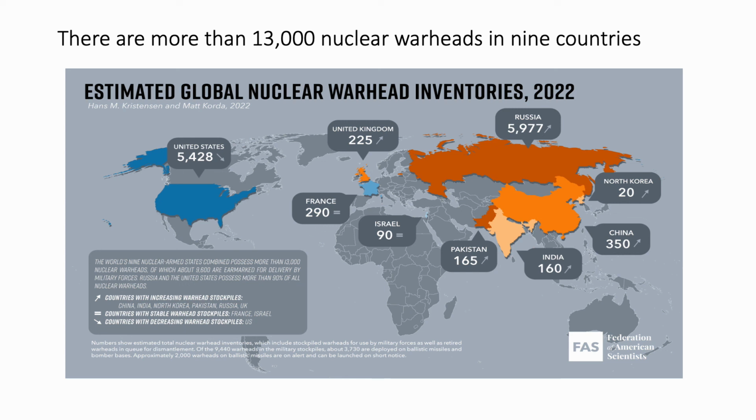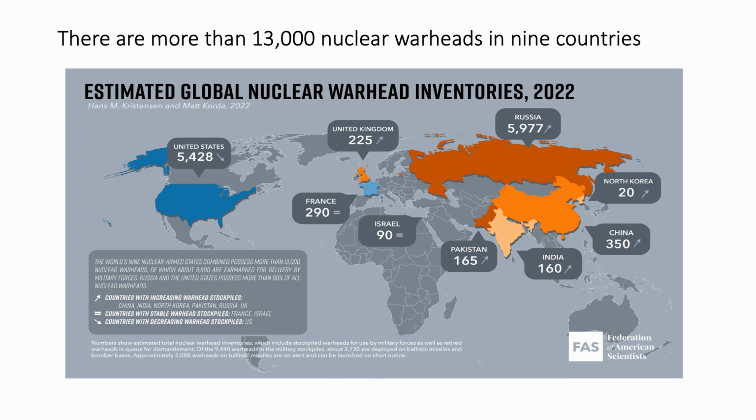The vast majority of them, as you can see, probably over 90% of them, are in 2 countries, the U.S. and Russia. The other nations are the United Kingdom, France, Israel, Pakistan, India, China, and North Korea, with the approximate number that we believe they have. Now, if you look at the arrow next to the nation's name and number, it can go down, up, or be an equal sign.